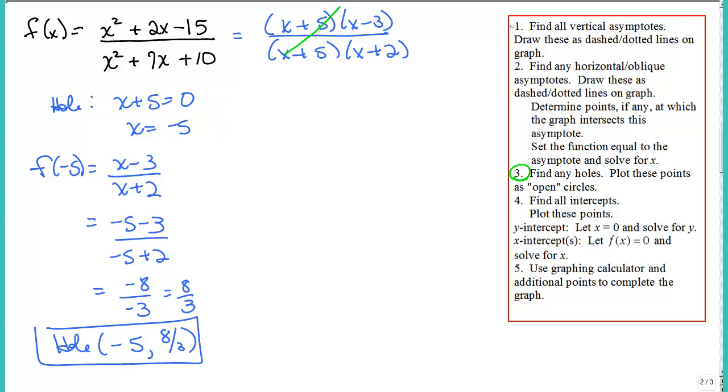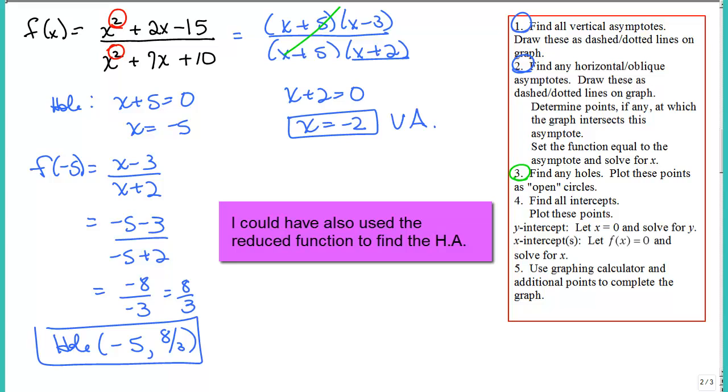Alright, now that I have found my hole, let's go back to the vertical asymptote. That's the denominator that's left. So I have x plus 2 equals 0, so x is equal to -2. That's my vertical asymptote. Alright, so now I'm looking for horizontal or oblique, so I look at the degree of the numerator and the denominator. Those are the same, and so my horizontal asymptote is y equals the leading coefficient divided by the leading coefficient.